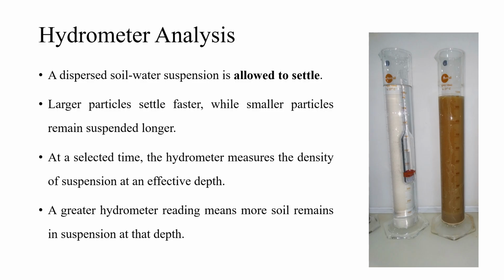It means the bigger particles will settle first and the smaller particles will take some time. At any selected time, we insert the hydrometer into the soil suspension, and the hydrometer measures the density of the suspension at an effective depth. And from that density, we can calculate the particle size and percentage finer.